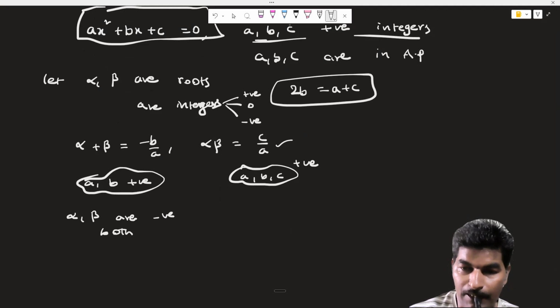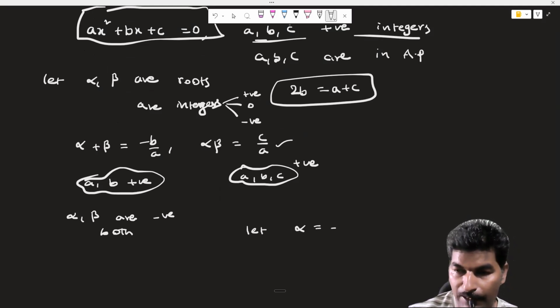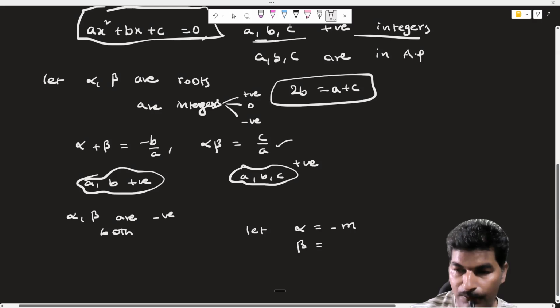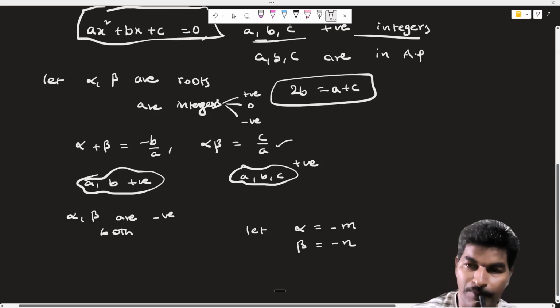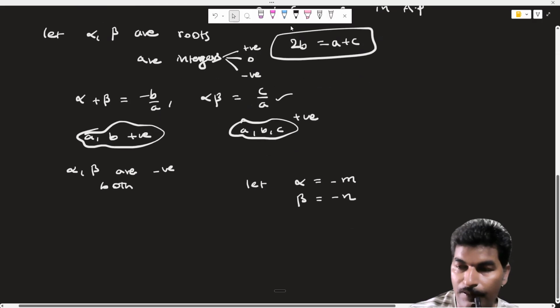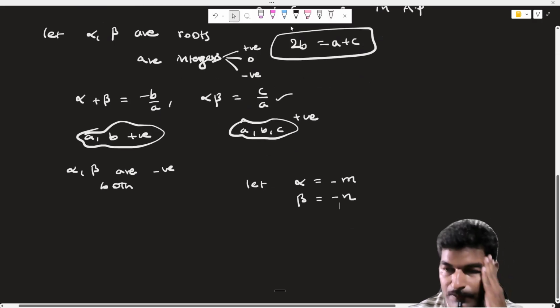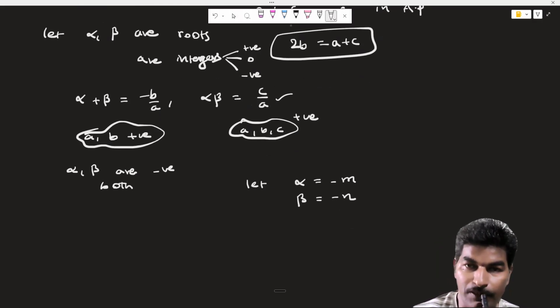Okay, so let us take alpha equal to minus m and beta equal to minus n, where m comma n are positive integers. Now we will substitute these two values in the equations.